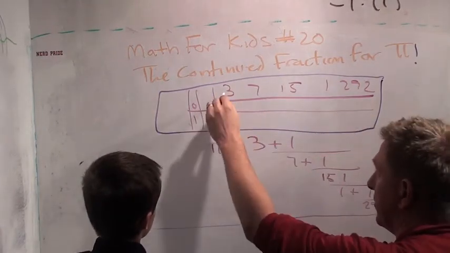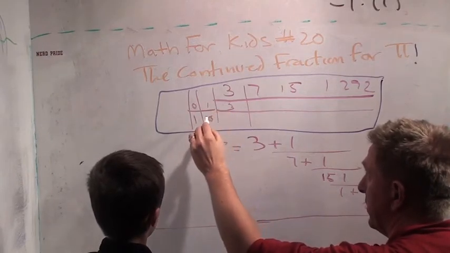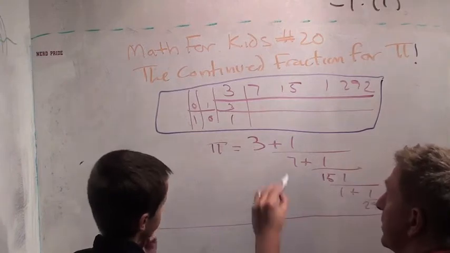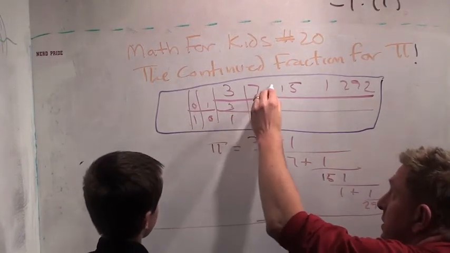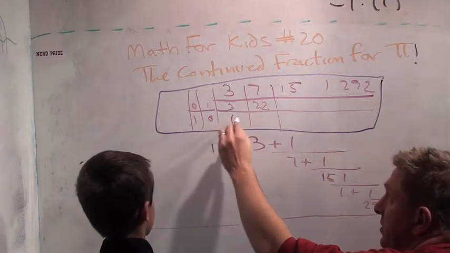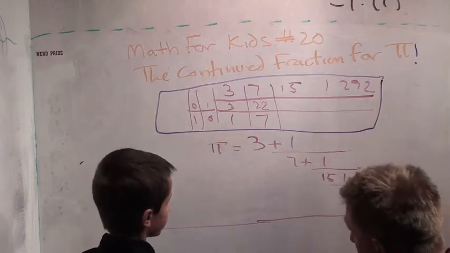Okay. And let's see, 3 times 1 is 3 plus 0 is 3. 3 times 0 plus 1 is 1. What's 7 times 3? 21. Plus 1 is 22. And 7 times 1 plus 0 is 7.